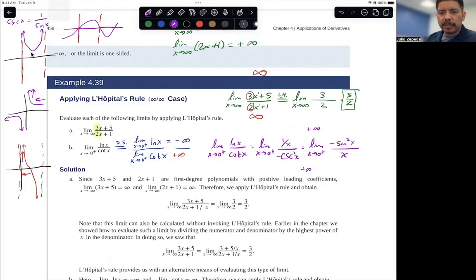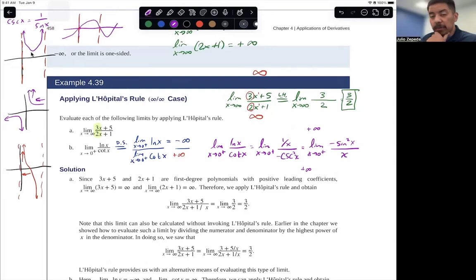You do a little bit of algebra and you can get that. And so the limit here, you can do direct substitution and see that you're going to get 0 over 0 just by plugging in 0.